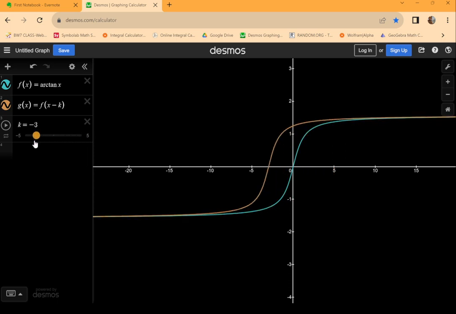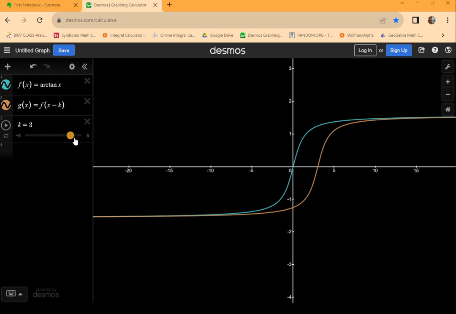When k is negative, we get a movement to the left. Here again, it's x minus k, so when k is negative, it'll be like x plus 3, and that corresponds to a movement in the left direction. And when k is positive, we have something like x minus 3, that corresponds to a movement in the right direction.